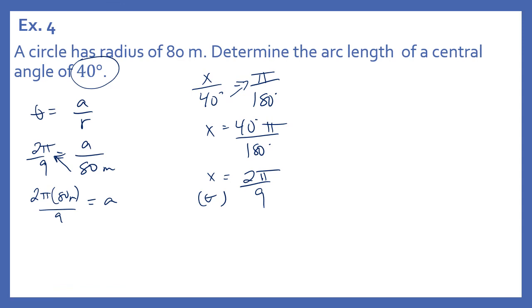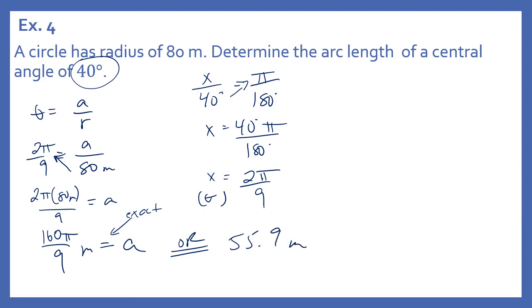So 2 times 80 is 160. 160 pi over 9 meters equals A. That is your exact solution. Or if it asked you for the approximate solution, it would be 55.9 meters.